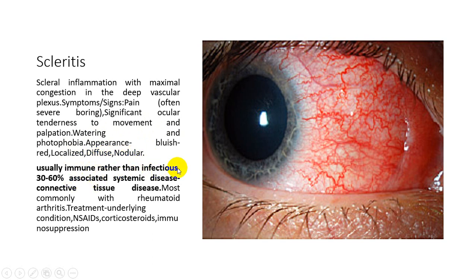Usually immune-mediated rather than infectious. 30 to 60% is associated with connective tissue diseases, most commonly rheumatoid arthritis. For treatment, you should treat the underlying condition, and use NSAIDs, corticosteroids, and immunosuppression.